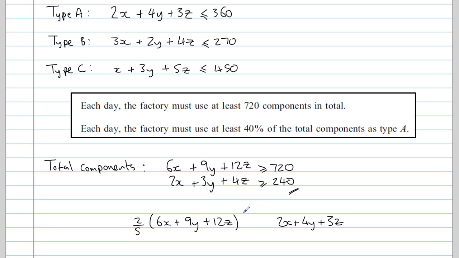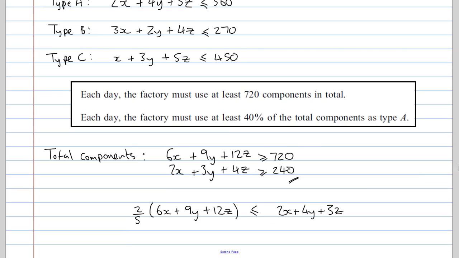People often get the inequality sign the wrong way round in these parts of the question. What you need to do to get it the right way round is think about which should be bigger, 40% of the total or the number of components of type A. And it says at least 40% must be type A. So this side of the inequality must be bigger than 40% of the total. So the inequality sign goes like that.